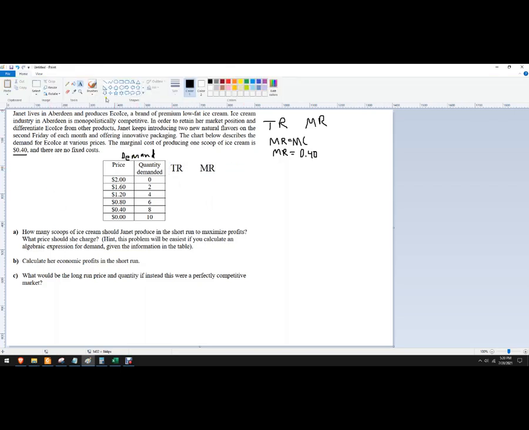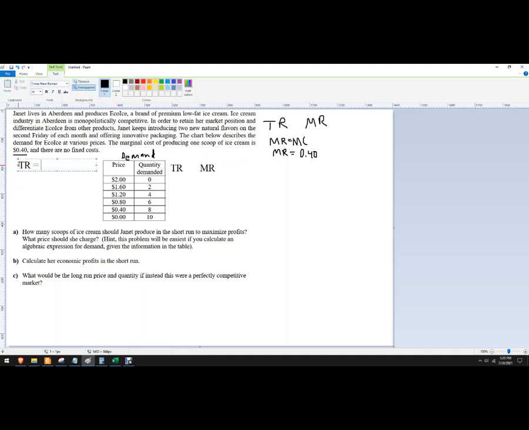The formula for total revenue is price times quantity, and marginal revenue, once you have that, is the change in total revenue divided by the change in quantity.